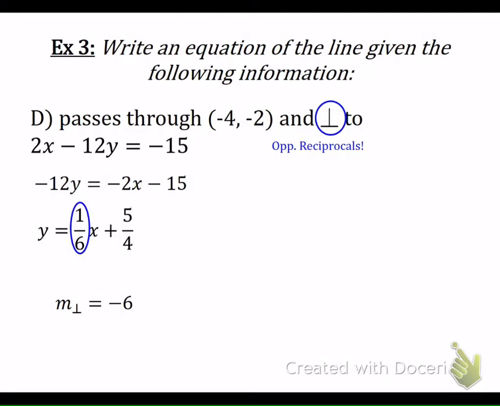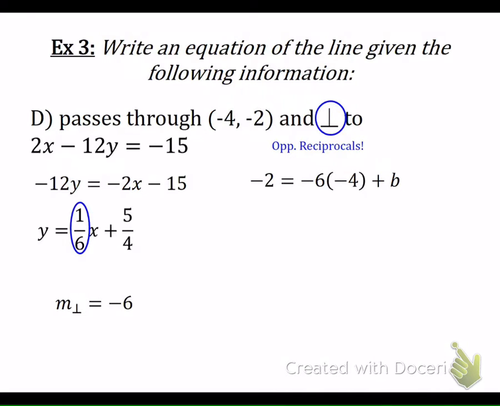All right, now I need the new b. I don't want this b. That's the old b. I need a new b. So what is it? -2, because I still have this x and y I haven't used yet. -2 equals -6 times -4 plus b. Very good. So plug in this x and y. They're like the clues to find the b, right?